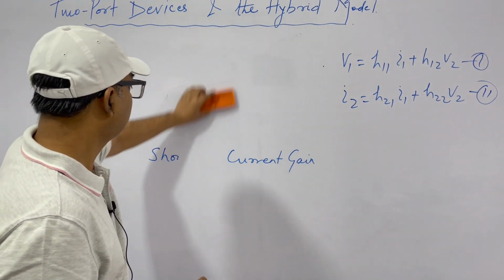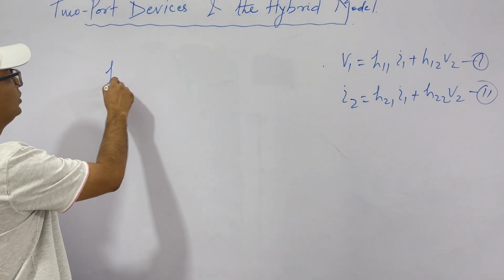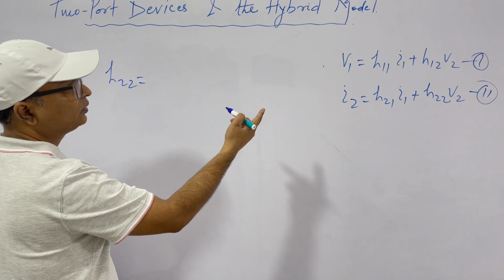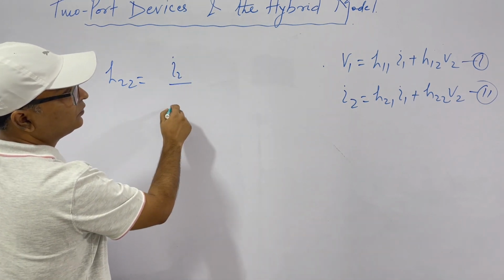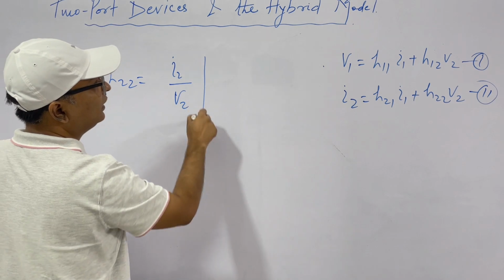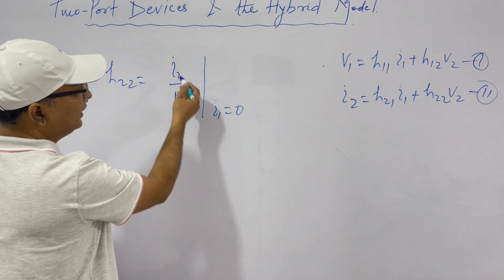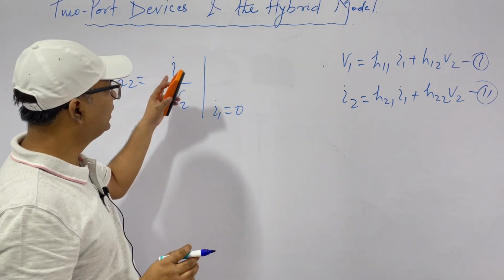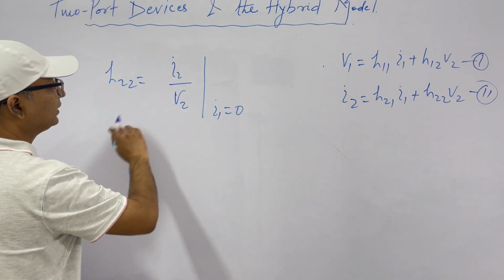Next, H22. H22 is what? At I1 equal to 0, it is I2 by V2. That is, input is open and it is I by V. V by I is resistance, I by V is conductance. And this is the second port.